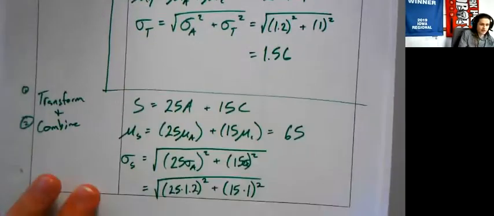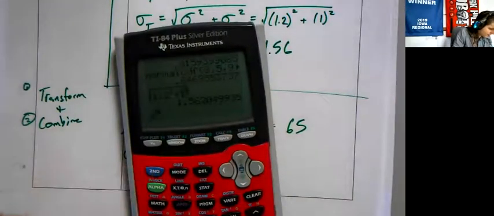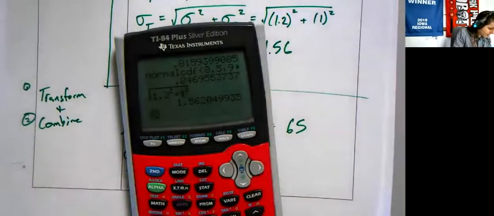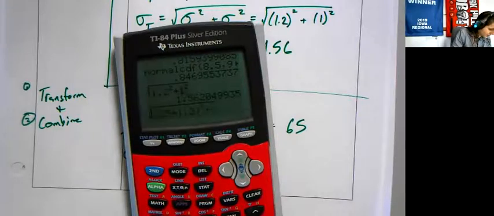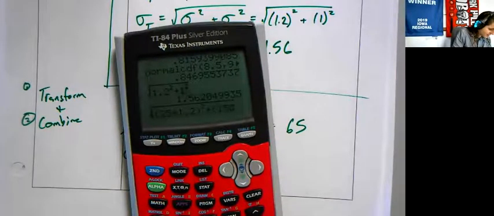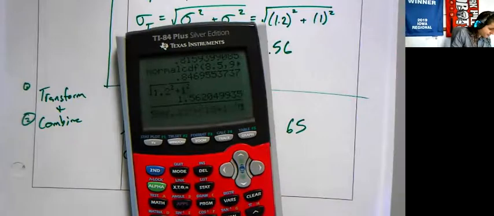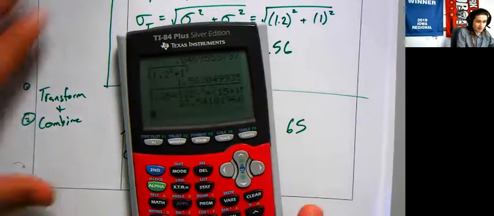When you do all that in your calculator, square root of 25 times 1.2 squared plus, what do we say, 15 times 1 squared, 33.54.